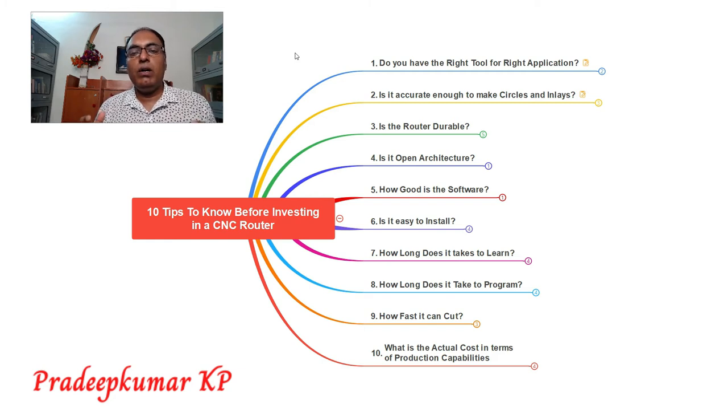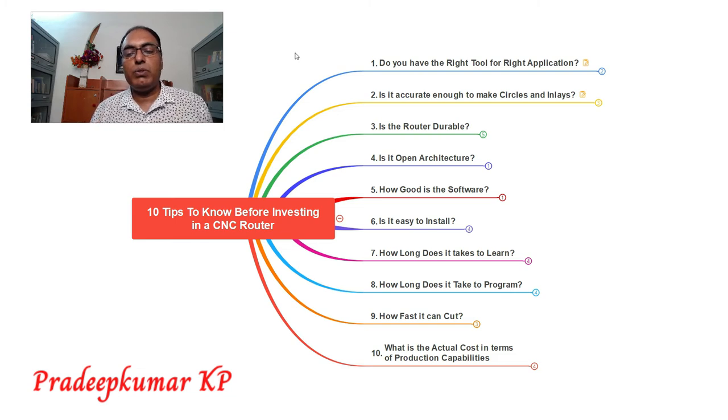That is, 1, do we have the right tool for the right application? Is it accurate enough to make circles and inlays? We have to look into the tactical things, the small things, before taking a decision on a CNC router machine. Then third, is the router durable? Is it open architecture? How good is the software?